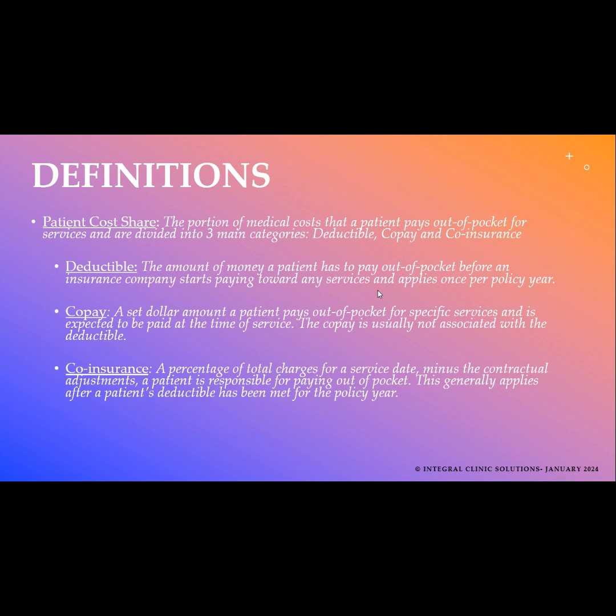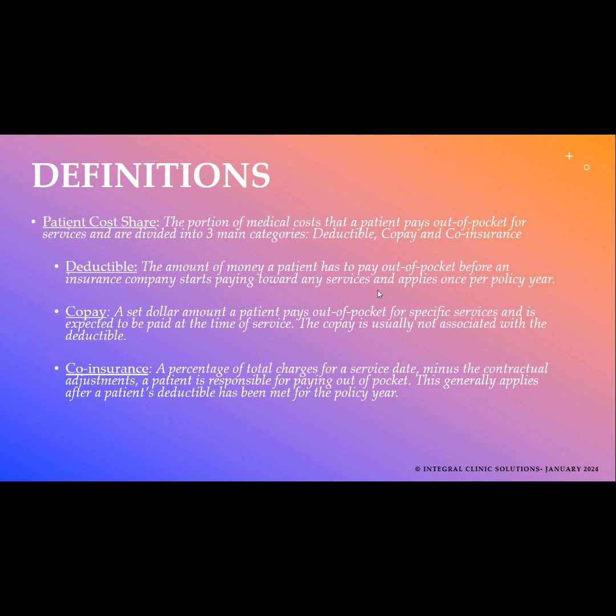If they're seeing a specialist, it's a little bit more. If they're going to an urgent care, it's a different price. And then an emergency room copay usually exists as well, unless they get admitted and then that gets waived. And of course, again, that is just totally dependent on the plan and the benefits the patient has, but that's the most common you will see.